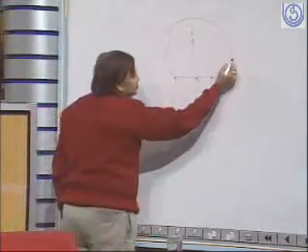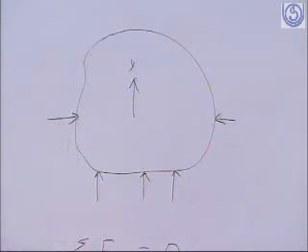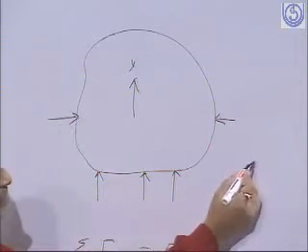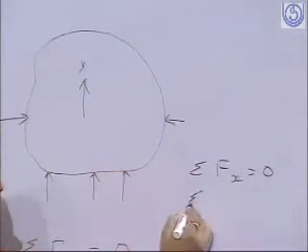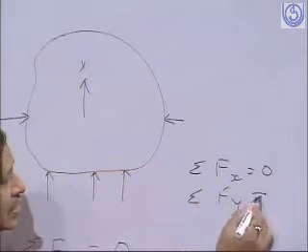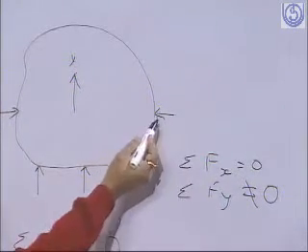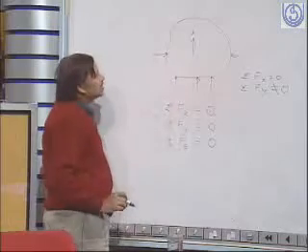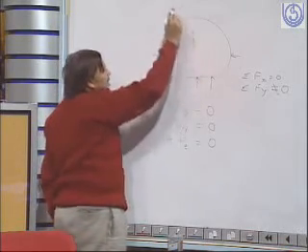And the other forces acting on it, say in this x direction, are such that sigma Fx is equal to 0, but sigma Fy is not equal to 0. So these forces which are acting on the body do not prevent the body from moving in the y direction.